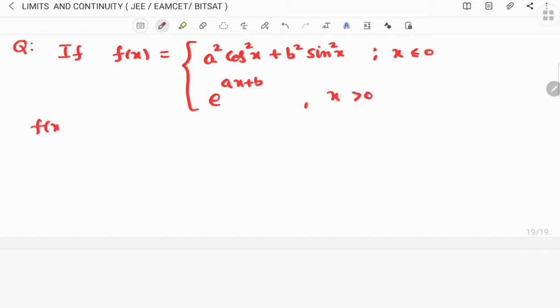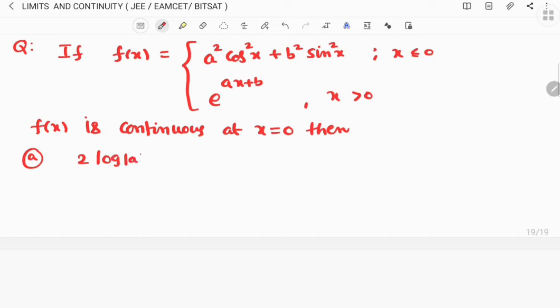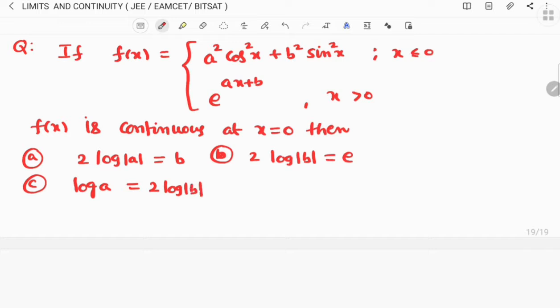F of x is continuous at x is equal to 0, then the first option: 2 into log mod a is equal to b. Second option: 2 into log mod b is equal to a. Third option: log a equal to 2 log mod b. The fourth option is equal to d.